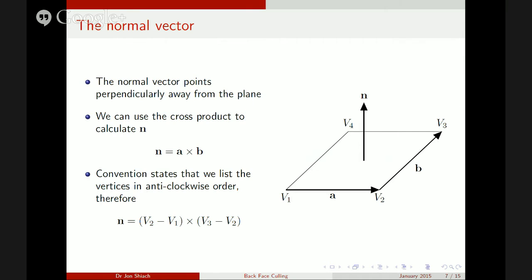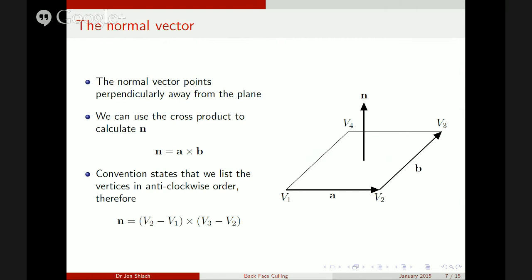We usually use a convention as we're looking at the front face of a polygon. By front face, I mean the face which the normal vector is pointing away from. So if I was to look at this polygon from on top, that's the front face. If I was looking at it from underneath, I'd be looking at the back face. We use anti-clockwise order.